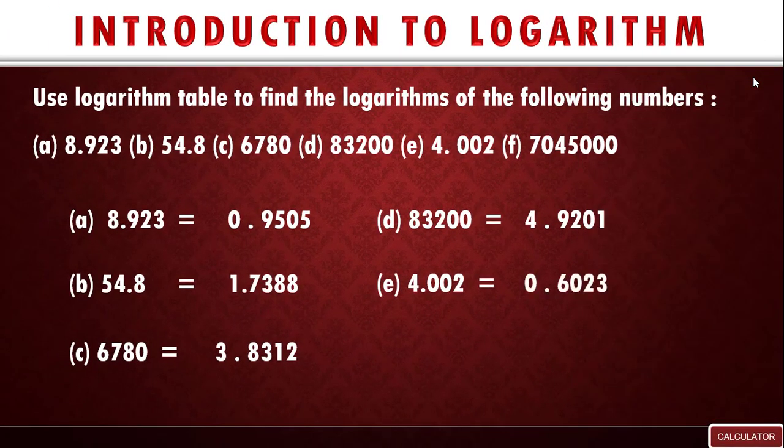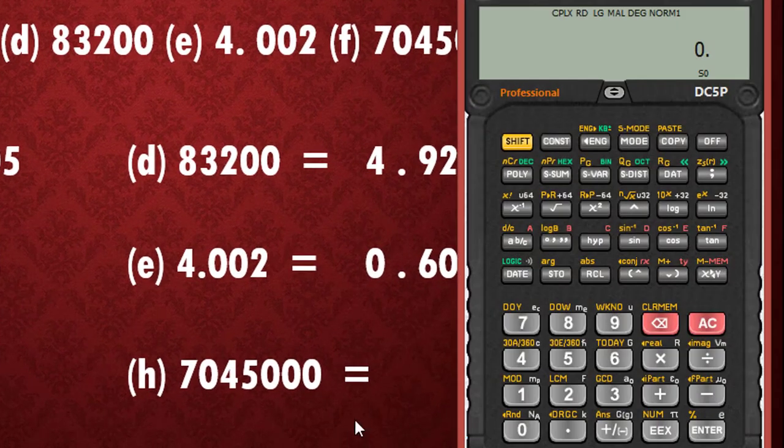Okay, let's look at the next one, which is the F. In this scenario, we are asked to determine the logarithm of 7045000. So let's use our calculator to solve this. If you look at the number, it is greater than 1. So we're using our calculator to do that directly. So log 7045000. Now press equals to or enter, and that will give us 6.8478.